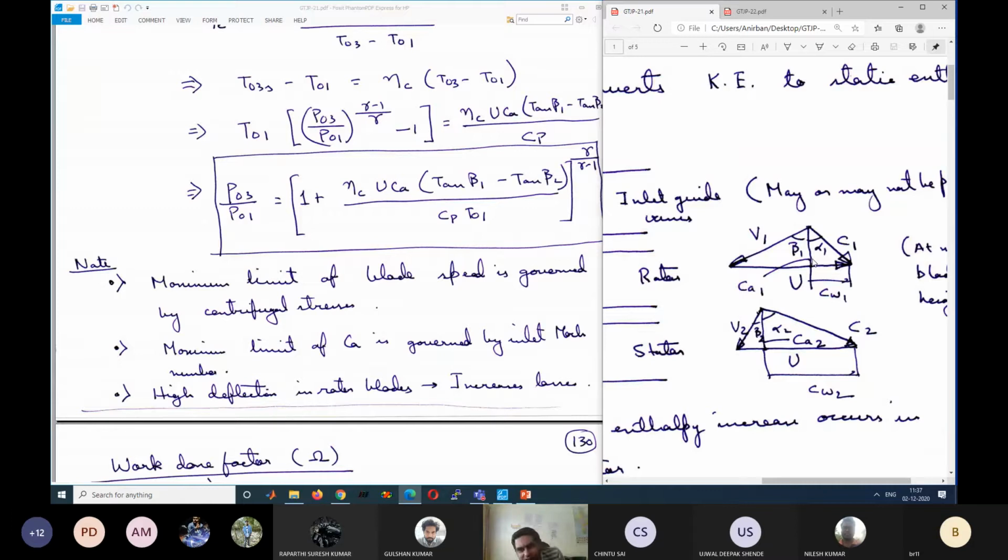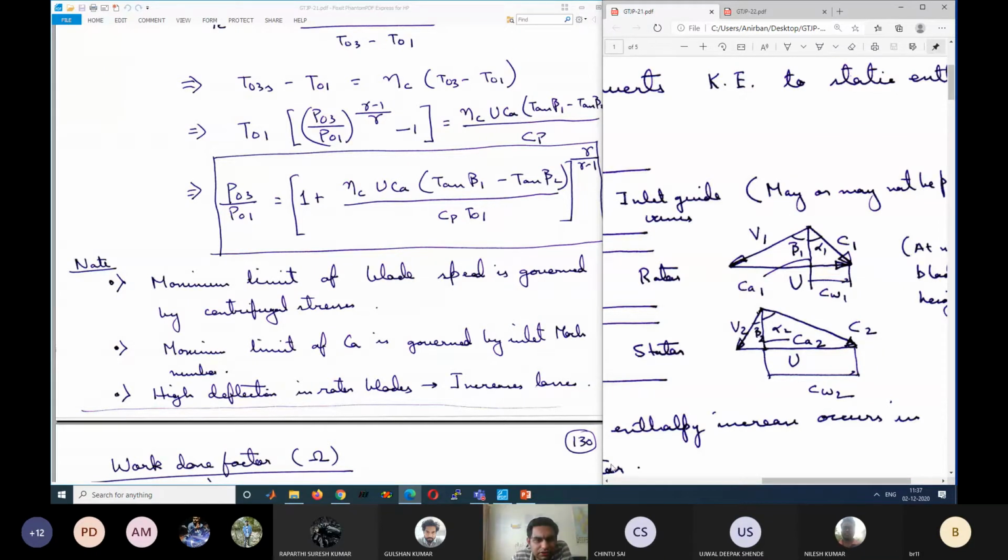You cannot indefinitely increase the maximum velocity because then the flow will become sonic at this inlet section. So the maximum velocity is governed by the flow Mach number, so you want to keep it at a low value, based on some rule of thumb.